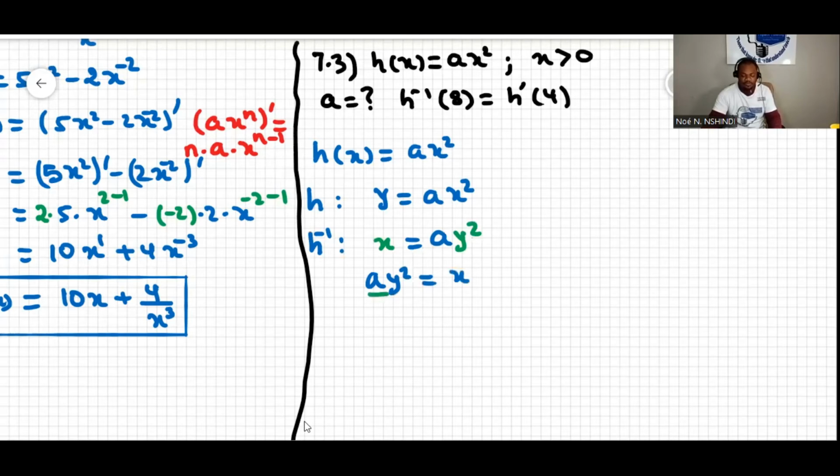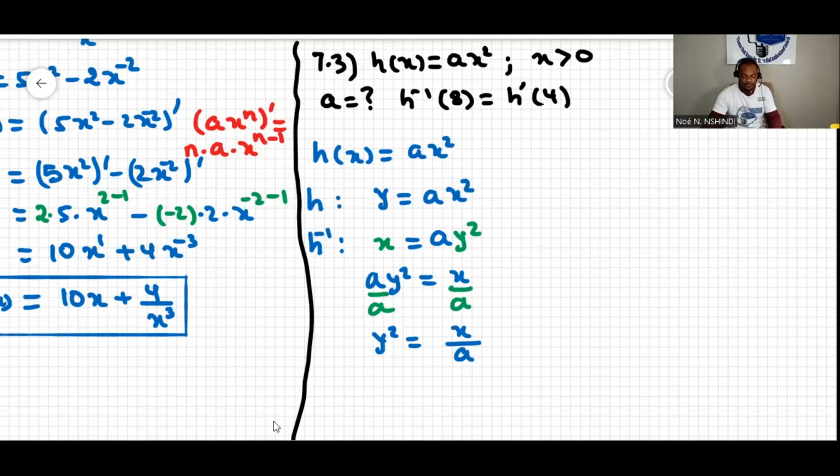I first divide both sides by a to get rid of the a there, and then I have y squared equal to x over a.